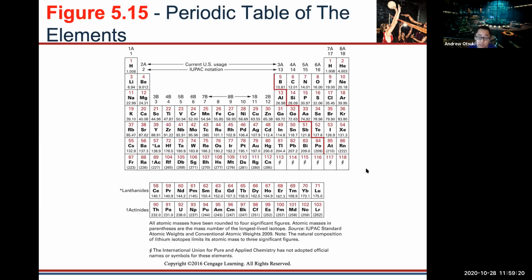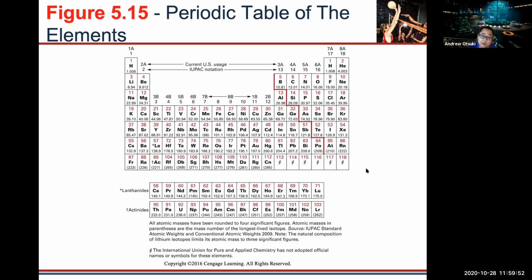You'll get the element symbols. The top number above the symbols, for example, boron is 5. That's an atomic number, so it has 5 protons, and also 5 electrons. And the bottom number is its average atomic weight, so that is where the isotopes come into play, and that gives us our average atomic weight.